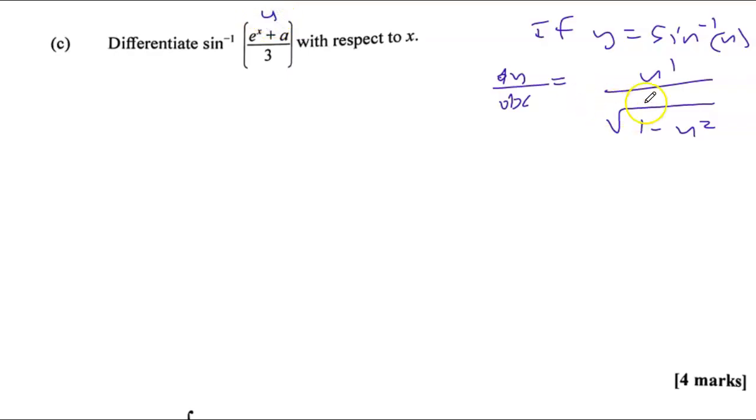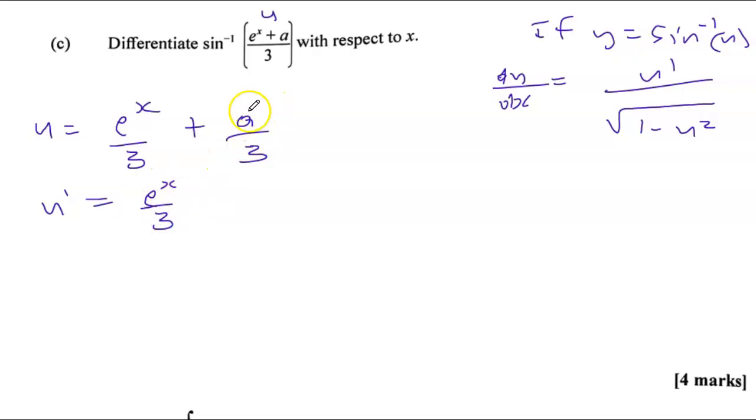To find the derivative, we already have u, so we just need to find u prime, which is the bracket differentiated with respect to x. So let me rewrite u. I'm going to break this up as e to the x over 3 plus a over 3. So u prime: differentiate the first term, e to the x over 3, nothing changes. Differentiate a over 3. Now a is a constant, which means a over 3 is a constant. Differentiate any constant, you'll get 0.